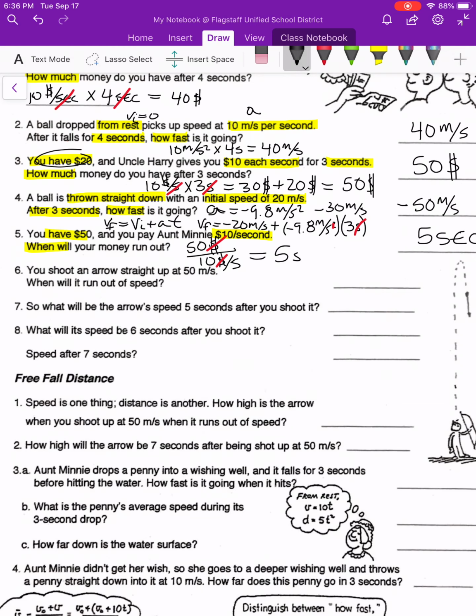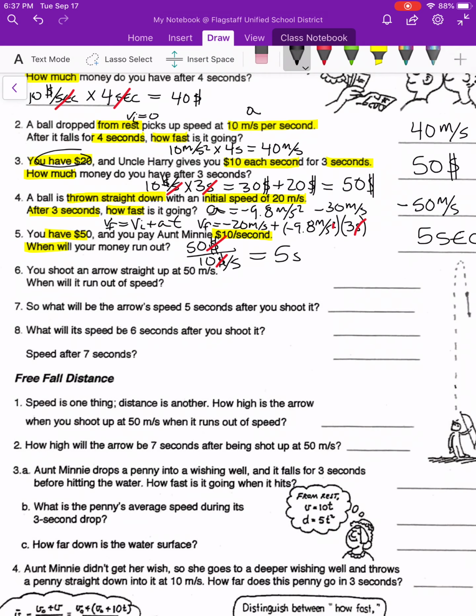Okay, here's where it gets a little bit trickier. So we gotta make sure we got our equations on hand. Okay, so we shoot an arrow straight up at 50 meters per second. When will it run out of speed?